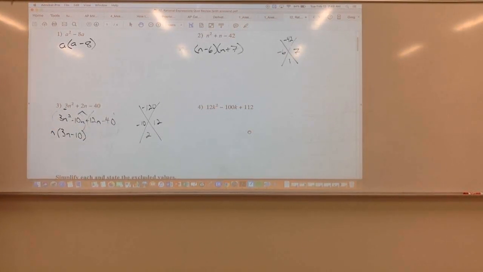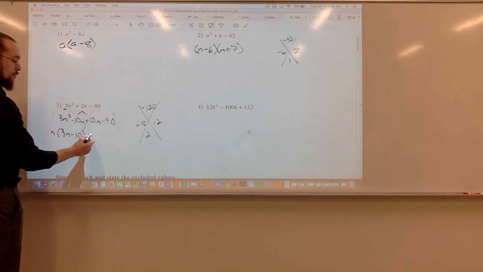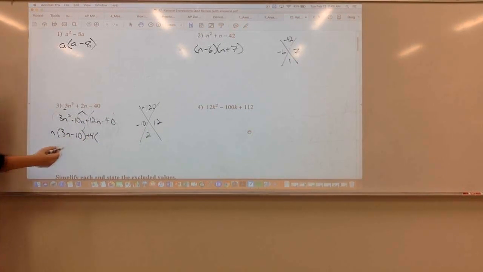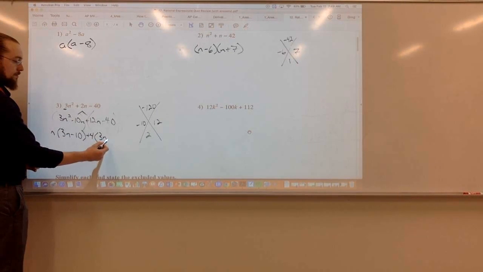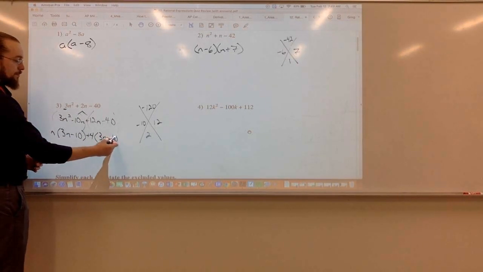Then how about the 12n and the 40? What can I take out of both of those? 4. Yep. So if I take a 4 out, what am I left with? 3n minus 10. Yep.